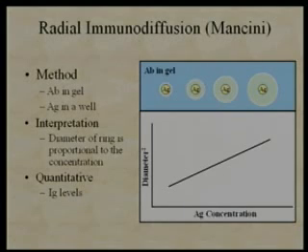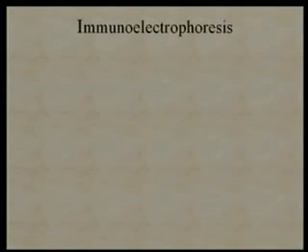Now, there are other ways of doing it, and whether or not your lab uses this kind of test really depends on its volume. If it's got a big volume, there are other ways to do it. But if the volume is fairly small, this is a very simple way to do it. Again, it doesn't require a lot of sophisticated equipment. All you have to have is a ruler and a magnifying glass to measure the diameter of that ring of precipitation. Yes?